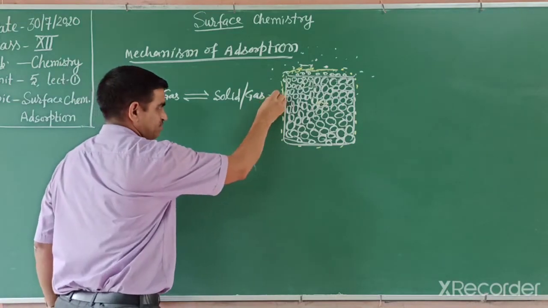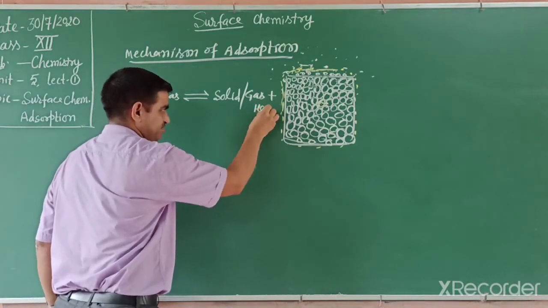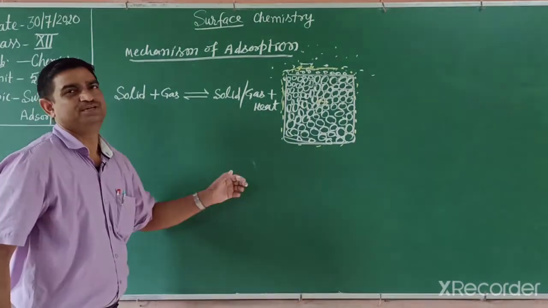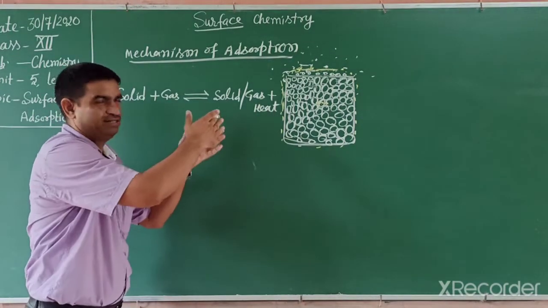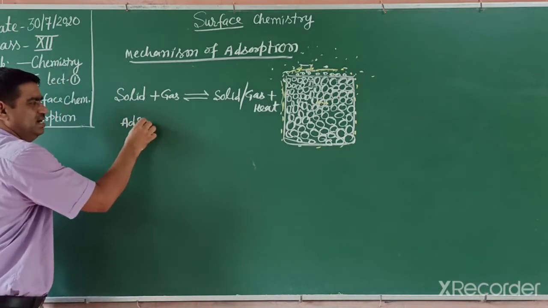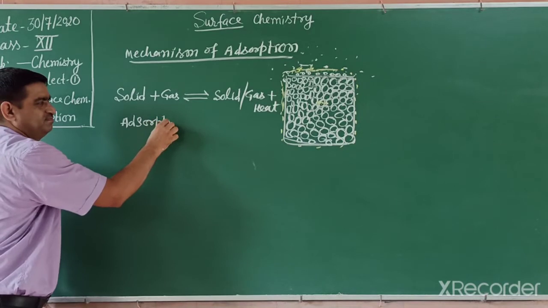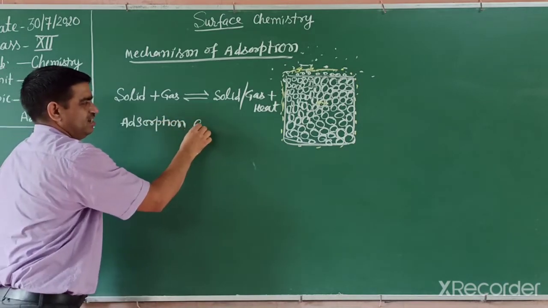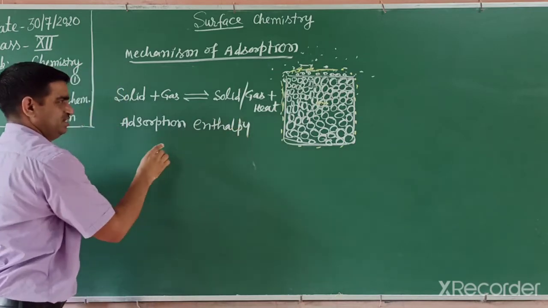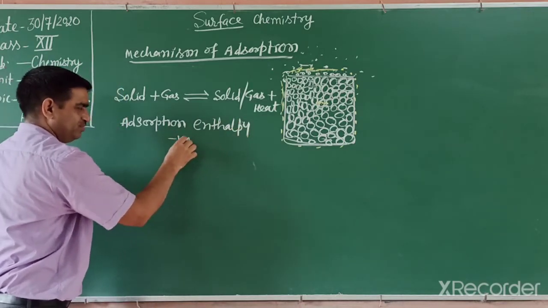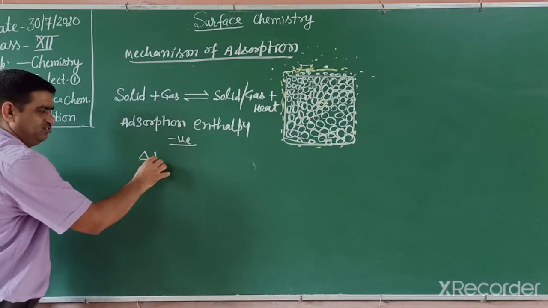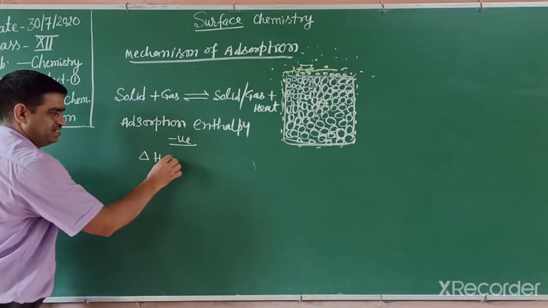Heat is released, plus heat means energy released, that is, enthalpy released. When heat is released, that is known as adsorption enthalpy. And this is a negative value because energy is released. The enthalpy of adsorption is negative.